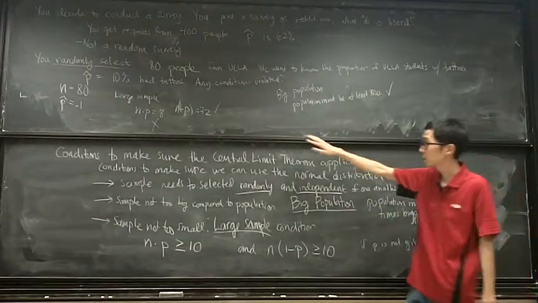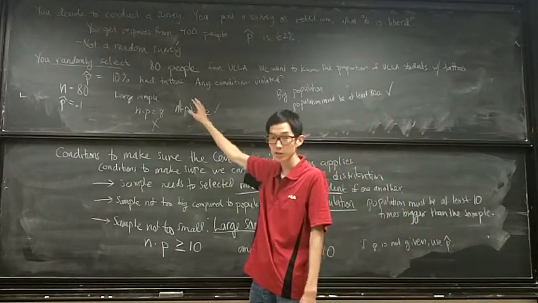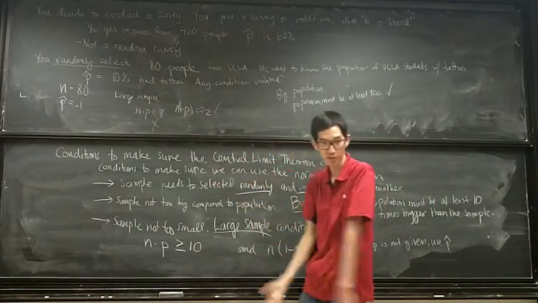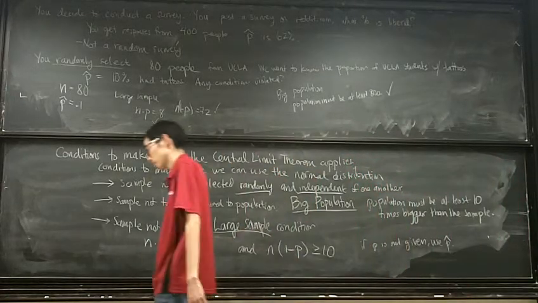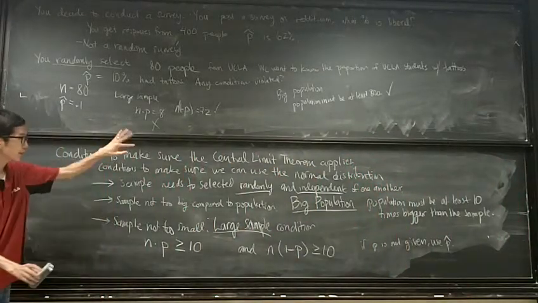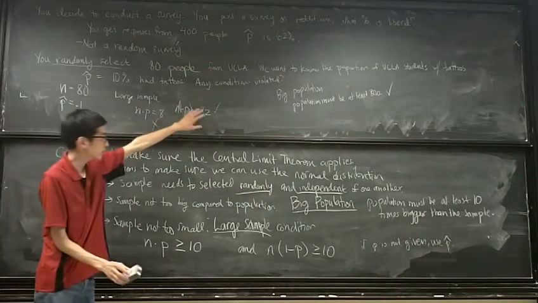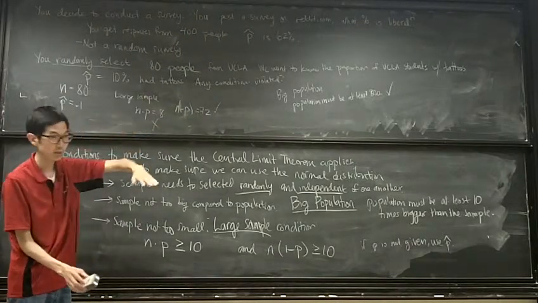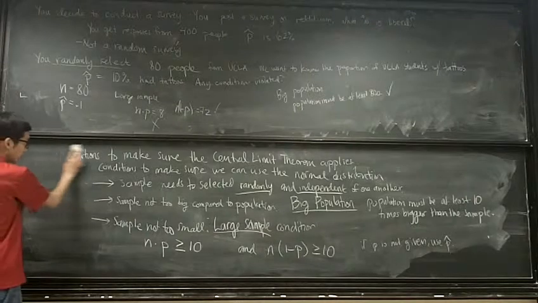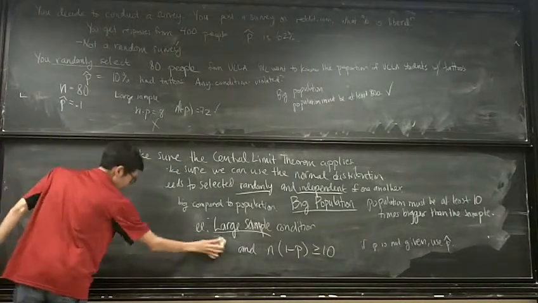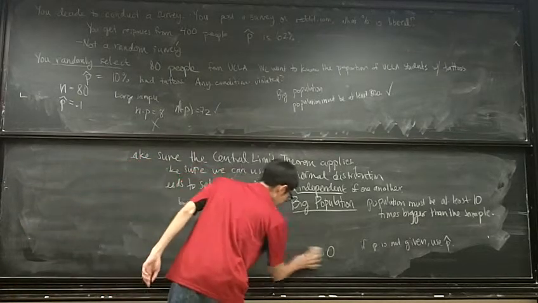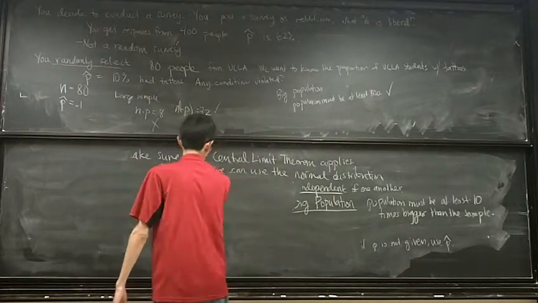That's the same. The large sample condition has two things you have to check. This one's bigger than 10, but this one's not, so it's out. It's all or nothing. All of the conditions are met, or it doesn't work.